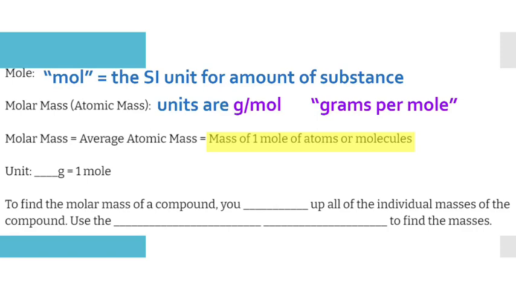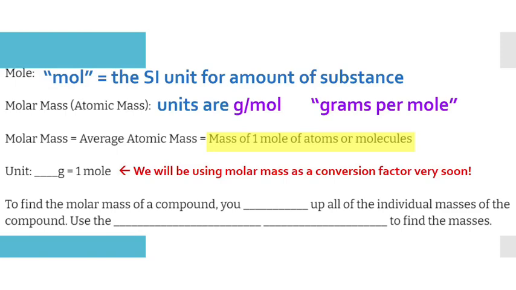And that's especially important because very soon in this unit, and for the rest of our lives in chemistry, we're going to be using this molar mass as a conversion factor. That molar mass number we add up today tells us how many grams we have in 1 mole of that substance.